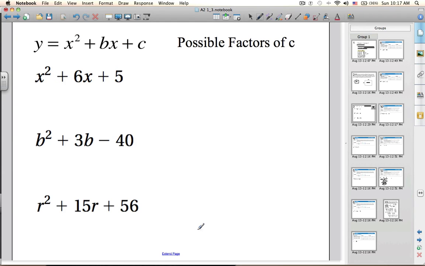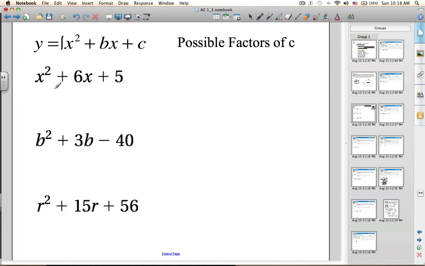The first thing we want to work on when we're dealing with a quadratic function with a leading coefficient of 1 is that we're able to focus primarily on the final term in the trinomial, which is the constant term. All of these are constant terms. It's called the constant term because the variable isn't present in this term.